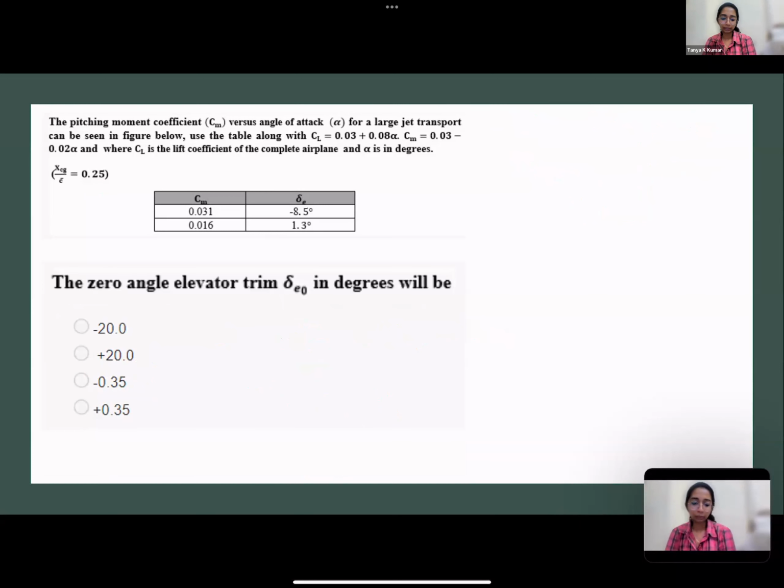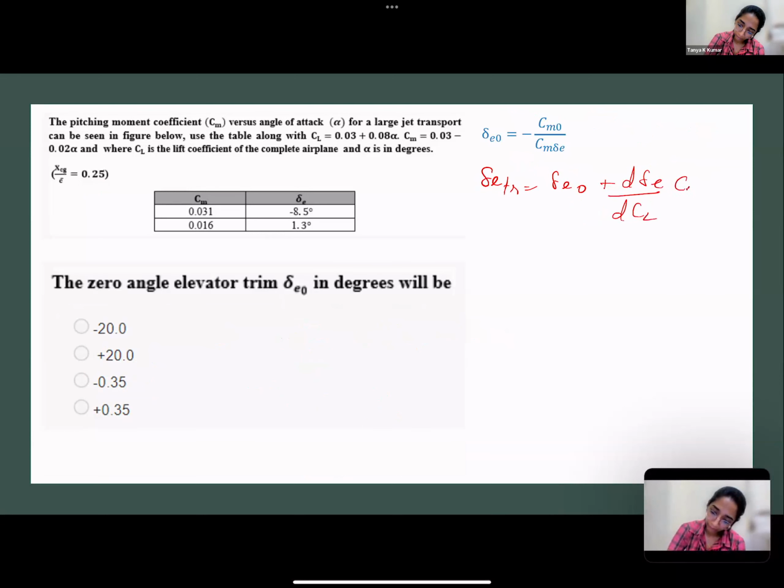Next question is the zero angle elevator trim, delta E naught, in degrees. How do you find this? Again, you know the equation. Delta E trim is delta E naught plus d delta E by dCl into CL trim. This is the slope and this is the intercept, which is what we have to find out. Can you just substitute the values?